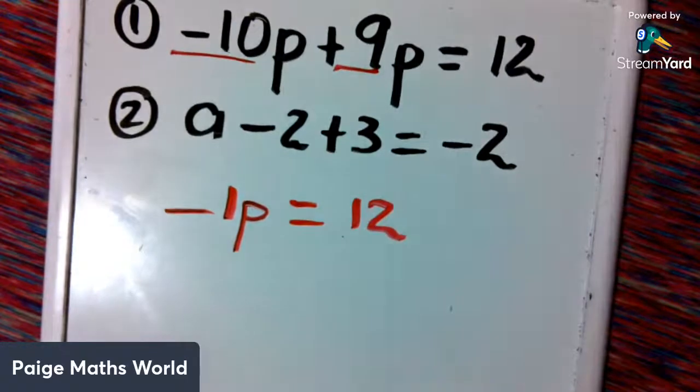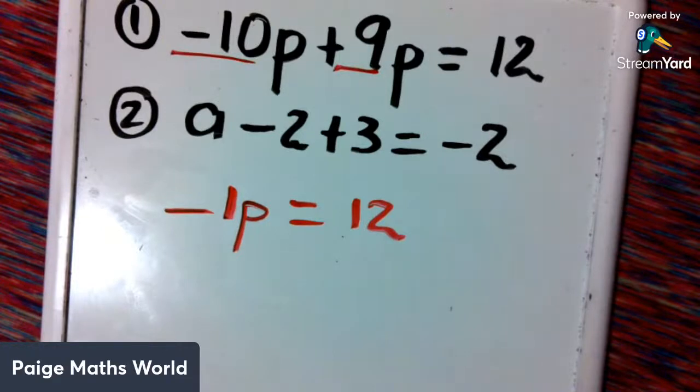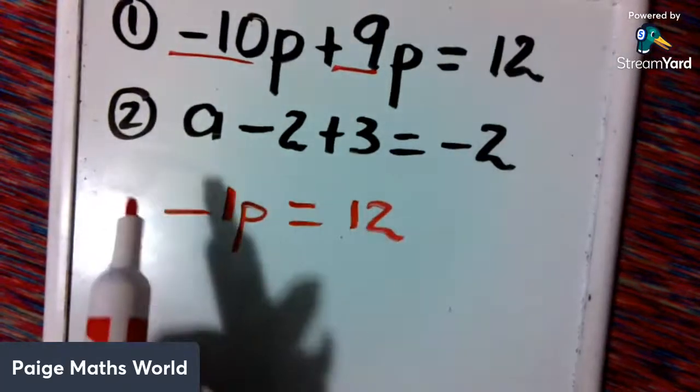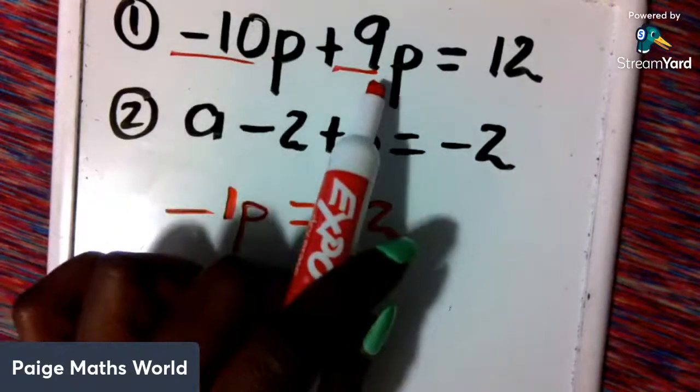Do you guys understand what I just said? Raymond, do you get what I just said? All right, thank you. So again, just repeating, we owe 10, we have 9.